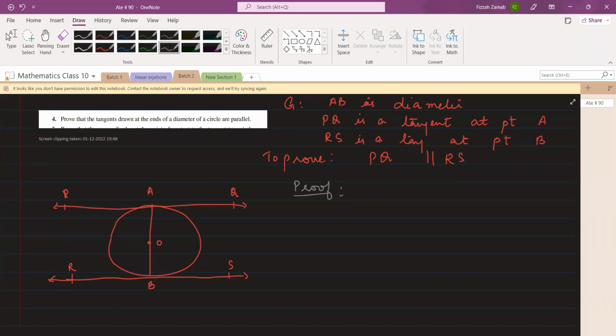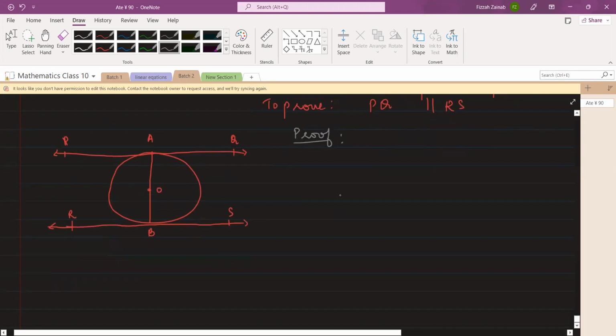Okay. See, this is simple. When you have to prove that two lines are parallel, we use the converse theorems, right? We can use the converse of the alternate angle theorem also. Just a recall. Let's say I have two lines, and this is a transversal. This is angle 1 and this is angle 2.